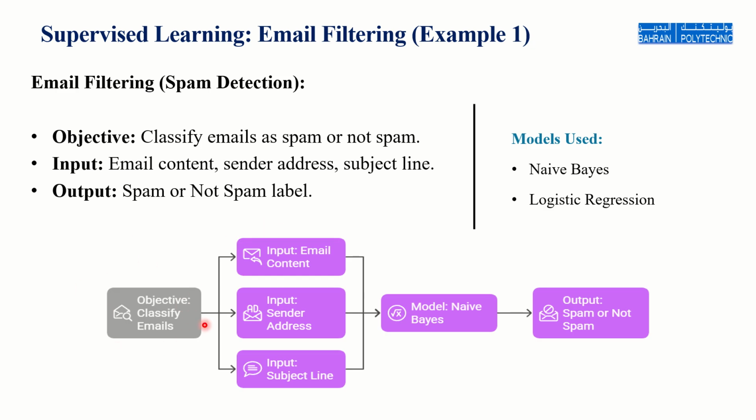When we are classifying emails, these are the features we have: email content, sender address, and subject line. Maybe you can include the number of links and the number of emojis. All this information can be added as features here. Say for example we select the naive-Bayes algorithm as the model.